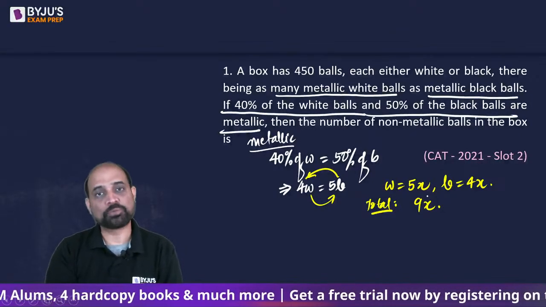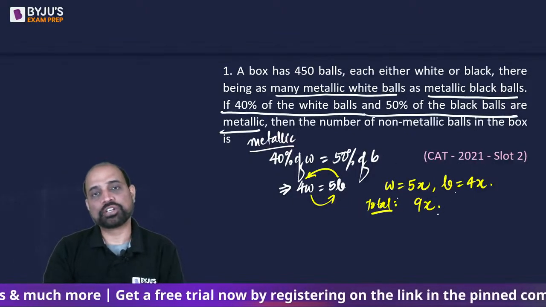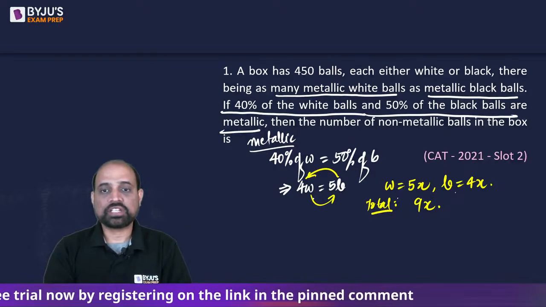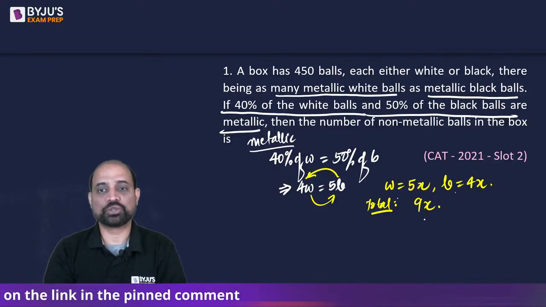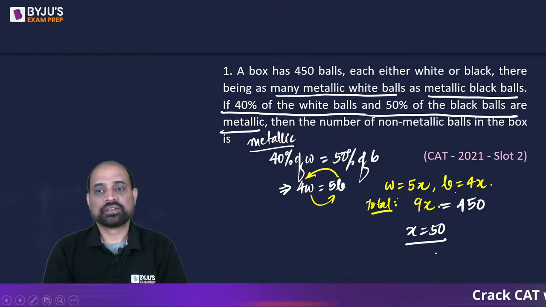It may be, it may not be. You can assume some other value such that W and B are going to be the same. Since we know that they are equal, the total number of balls is 9x, which is given as 450. So x will turn out to be 50, right?